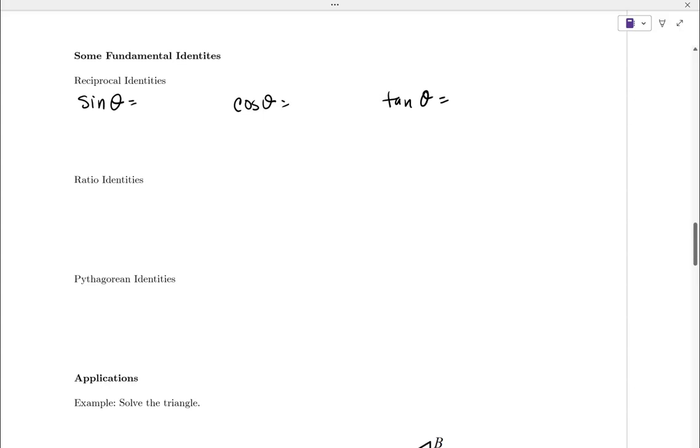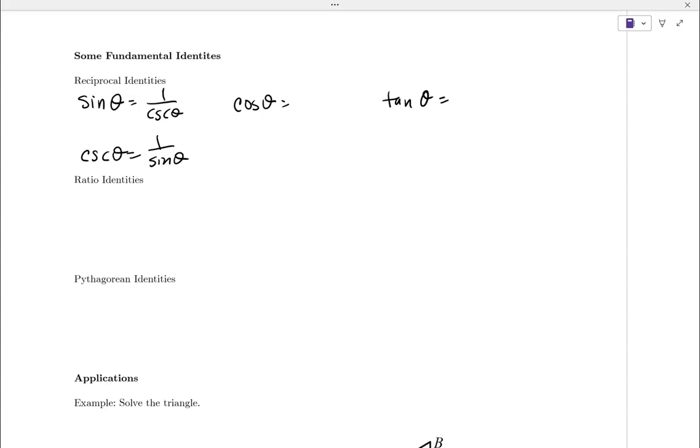Which function is the reciprocal of sine? The cosecant, right? Or I could write it the other way around as well. These are what we mean by the reciprocal identities. Right? So sine is the same thing as the reciprocal of cosecant and vice versa.